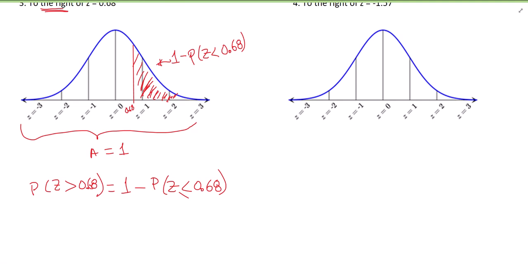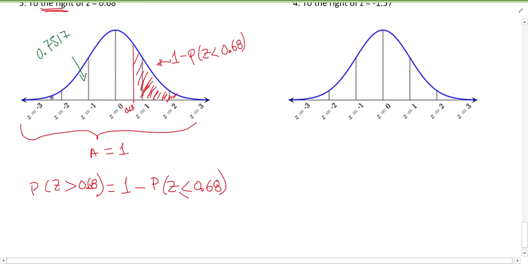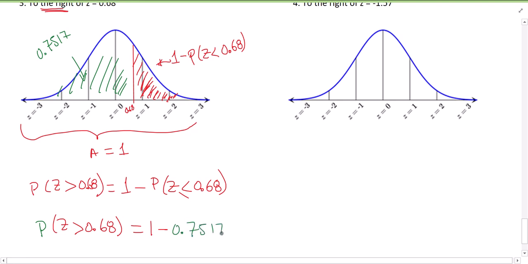So what I just found is that this area on the left is 0.7517. So the area to the left, that's what the table is giving me, but I want the area to the right. So then the probability that z is greater than 0.68 is equal to 1 minus the probability that z is less than 0.68. So 1 minus 0.7517.